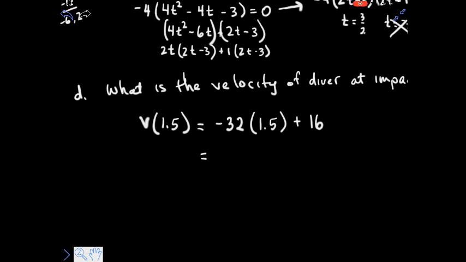So 32 times 1.5, that's negative 48, plus 16. So at the moment the diver is hitting the water, the diver is traveling negative 32 feet per second. And again, this velocity is negative because the diver is traveling towards the water, towards the point of reference, which gives them a negative velocity.